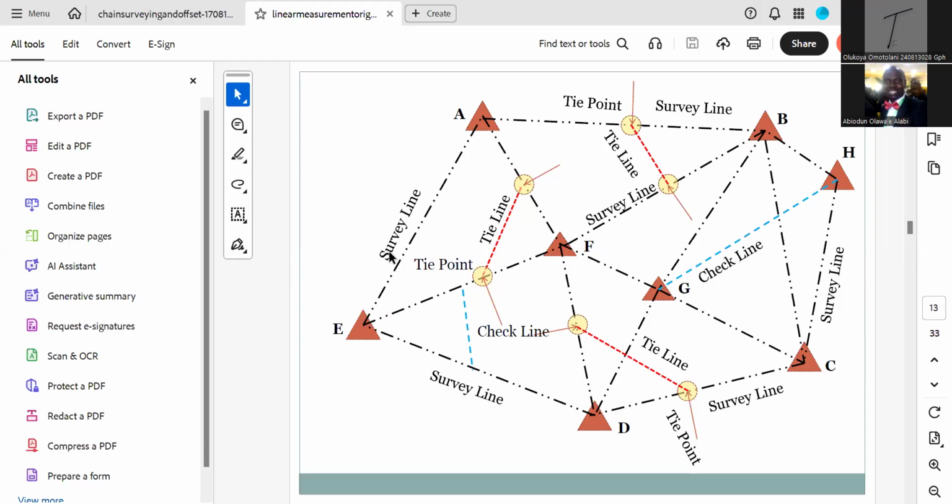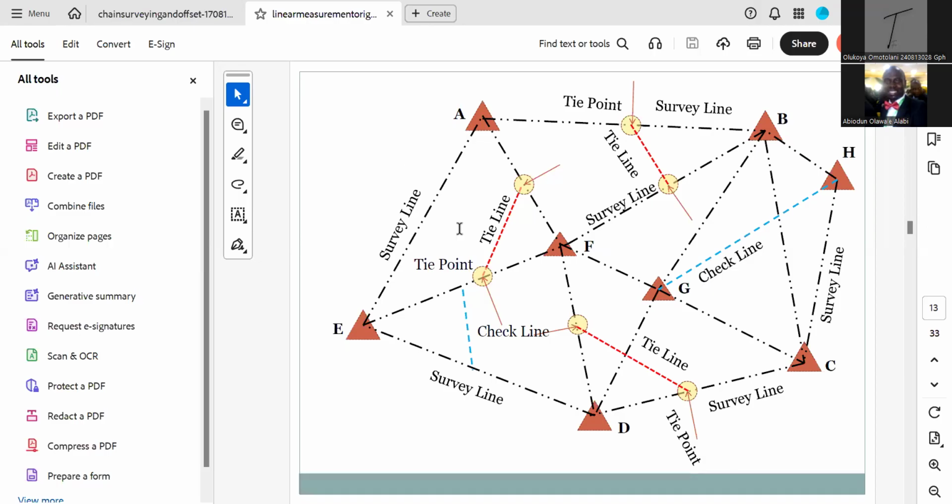So now the lines connecting these stations are called the main survey lines, because these stations are called main stations. So any line that connects them together is called a main survey line. I hope you are following.